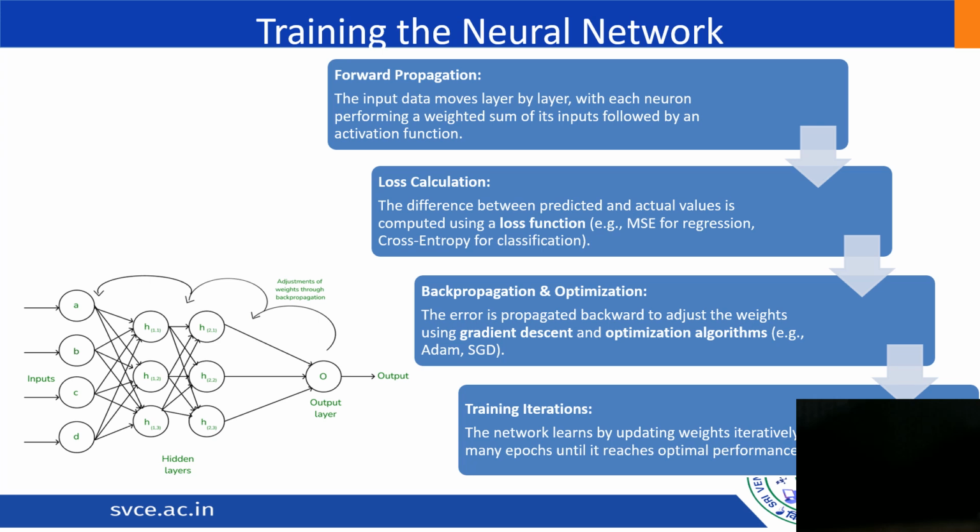Third is backpropagation and optimization. The error is propagated backward to adjust the weights using gradient descent and optimization algorithms. And then training iterations. The network learns by updating the weights iteratively over many epochs until it reaches optimal performance.